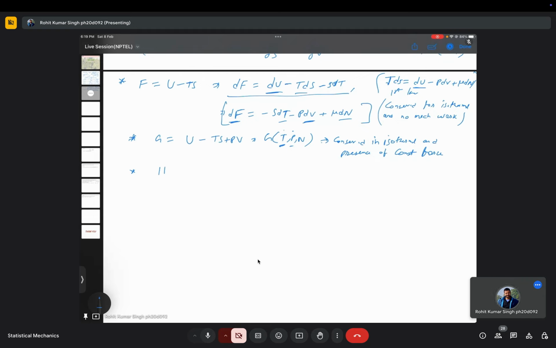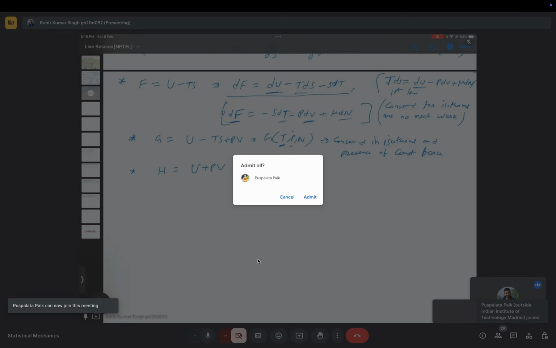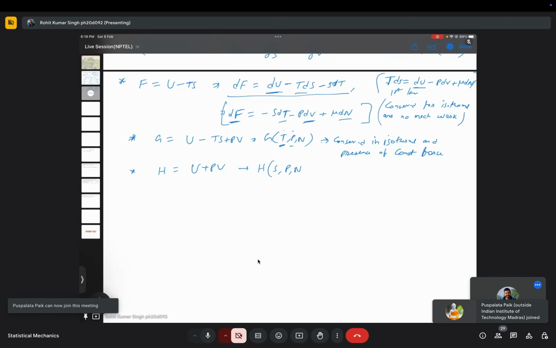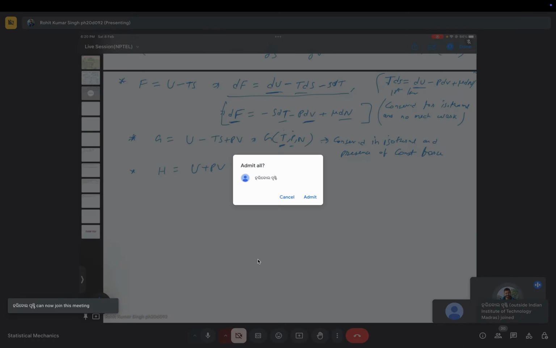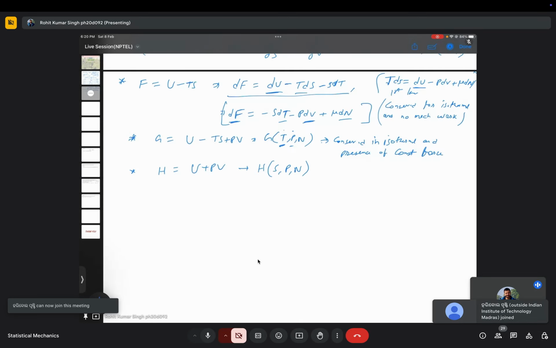Similarly, the enthalpy, which is given by this, is now a function of S, P, N. So for enthalpy, in place of volume in internal energy, we change it to pressure using the Legendre transformation, and so we got this new potential here, which is enthalpy.